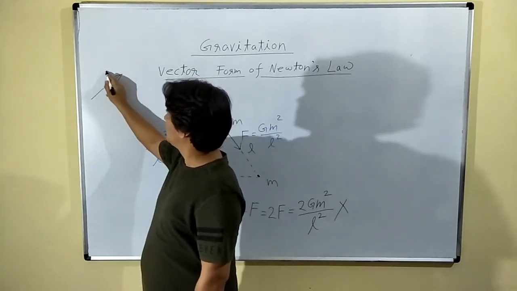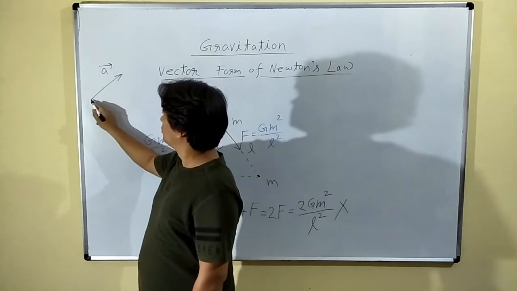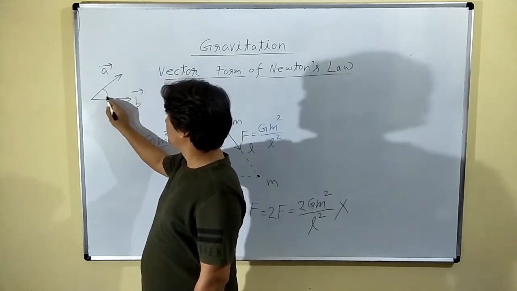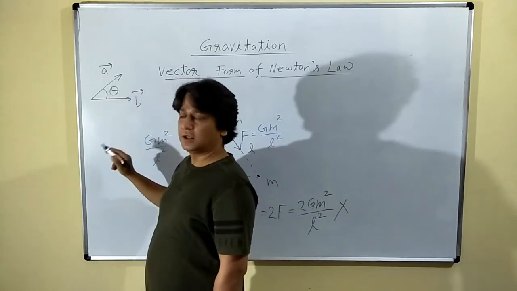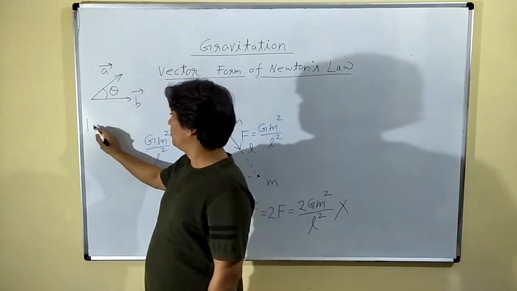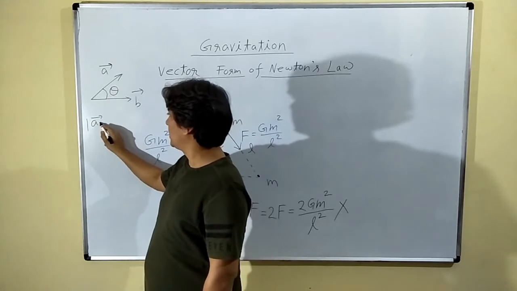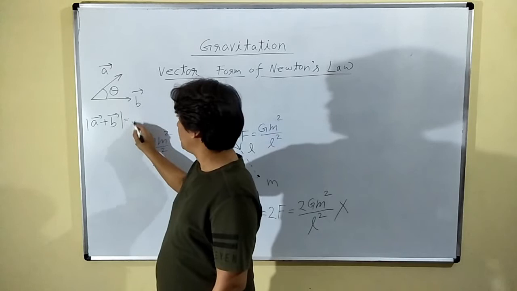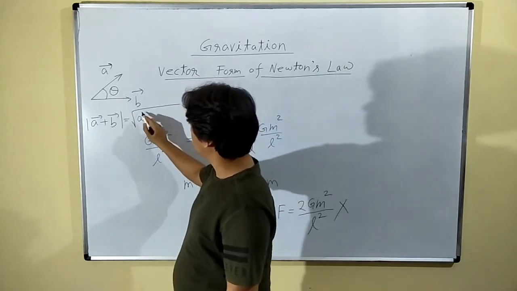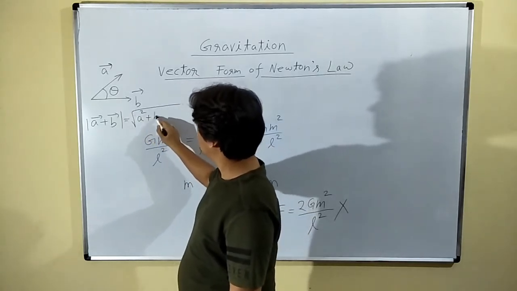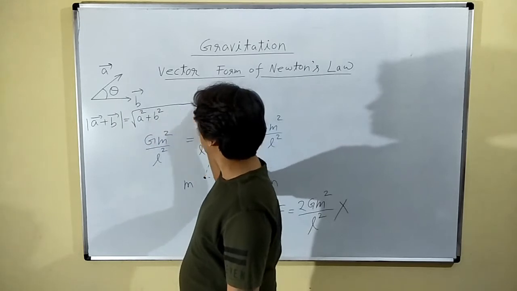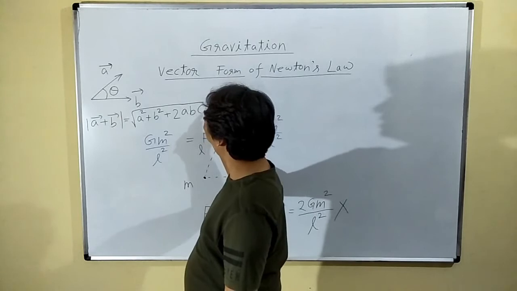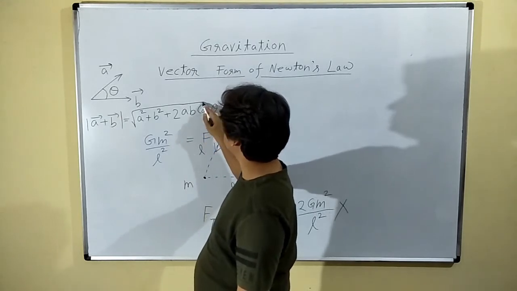One vector is A, the other vector is B. The angle between these two vectors is theta. If I ask you the magnitude of A plus B, then you know that this is root over A square plus B square plus 2AB cos of theta.